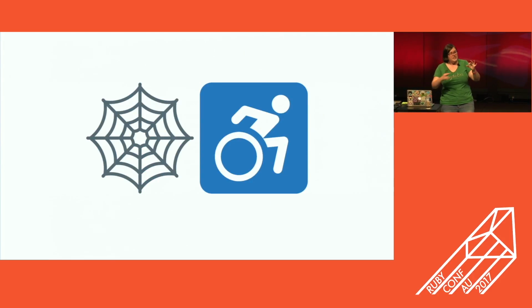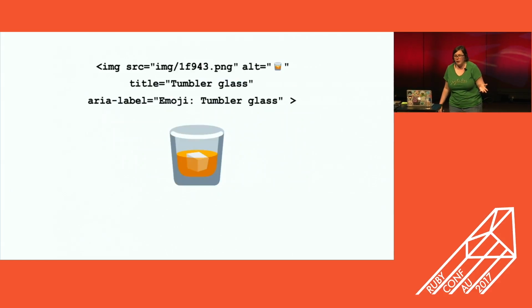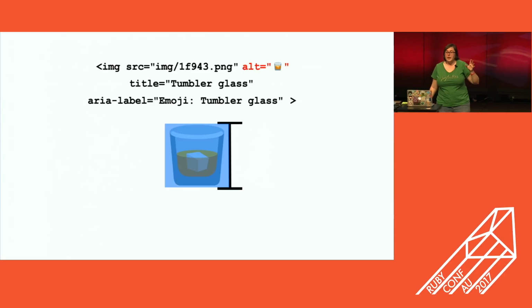Because if you've just got these little tiny things there and you don't know what they mean, it'd be great if you could mouse over and see what it's supposed to mean with a little pop-up. So this is what you could do. You could have your source image as PNG, because not everywhere supports SVG. They really should, but for now, everything supports PNG. If you have the alt text as the actual character itself, when you copy and paste, it will copy the actual character.